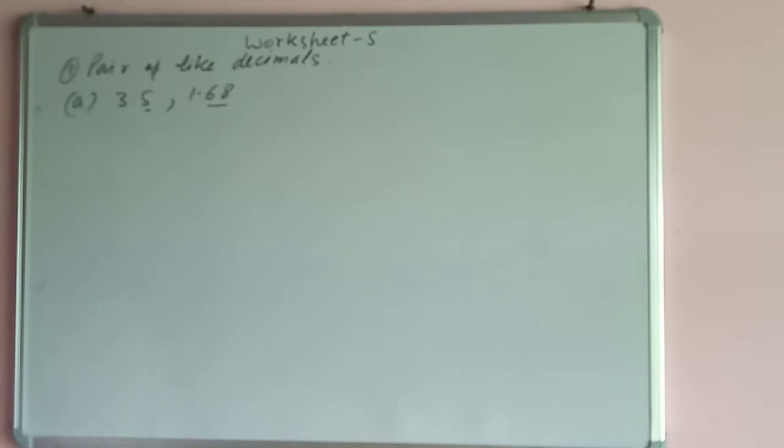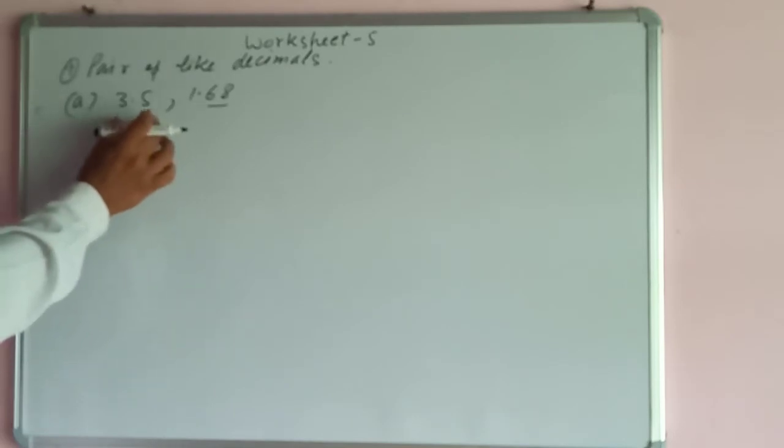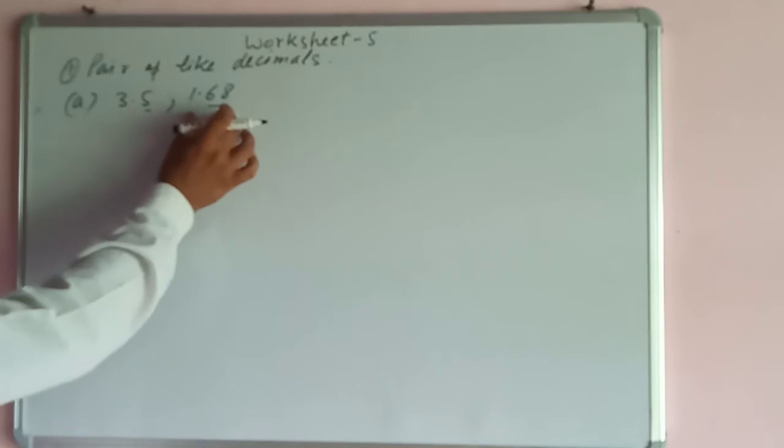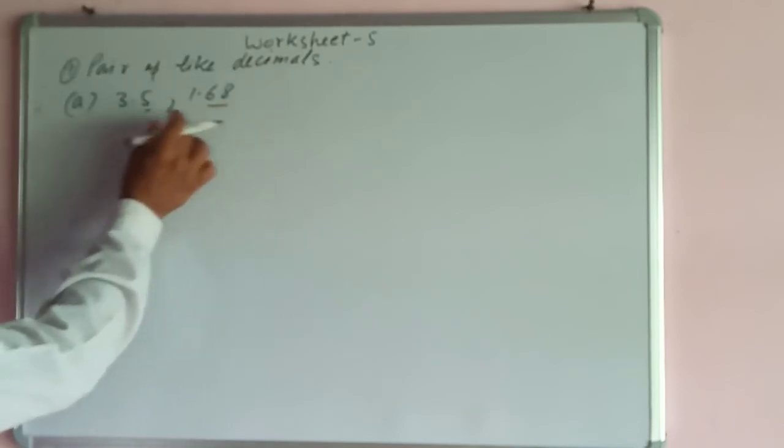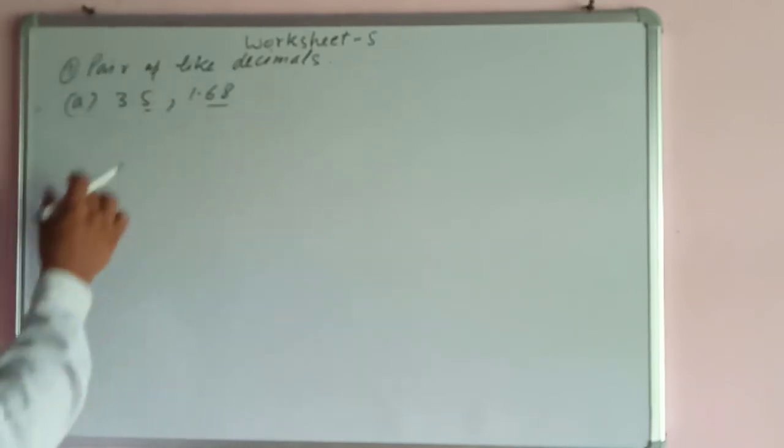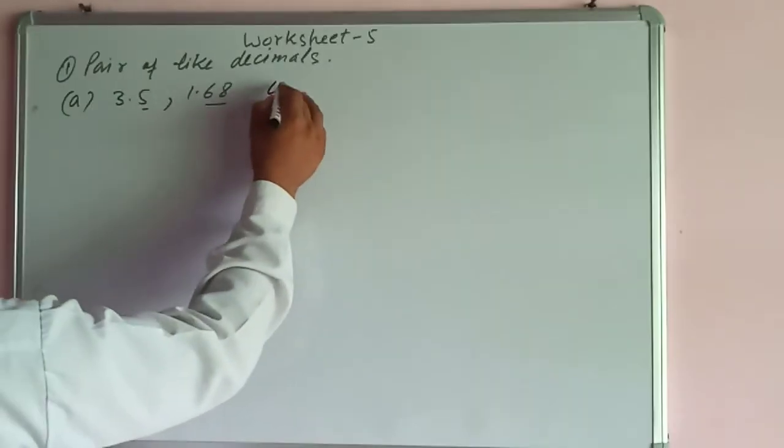And if the number of places is the same in both the given decimals, then that is called like decimals. So in this pair, the first is 3.5 and the second is 1.68. There is only one place after the decimal and here are two places.